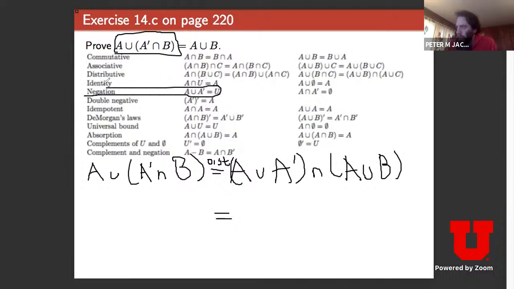So that makes sense. That means that this A union A prime is going to become the universe, the universal set. So this is negation, and that's going to be U intersected with A union B, sorry.